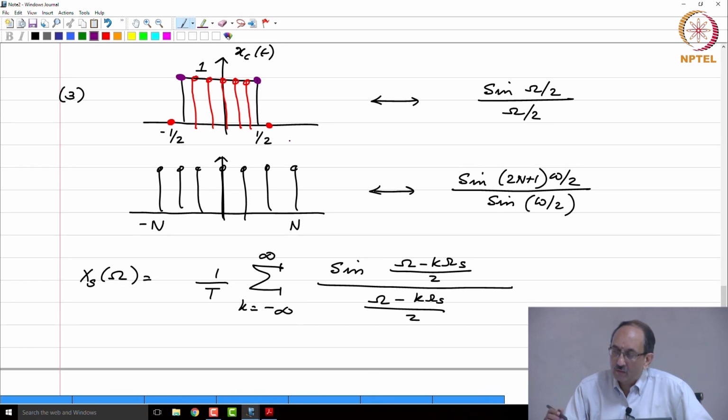Again, if you remember a statement I had made some time back, you would realize why this assumption is needed, that is, you do not sample at the points of discontinuity.